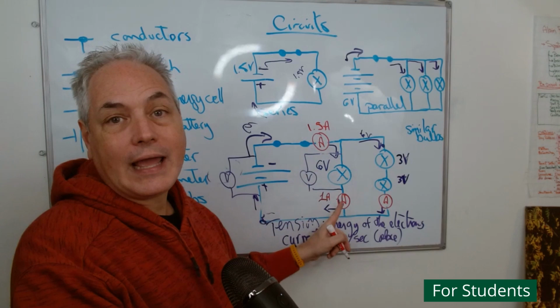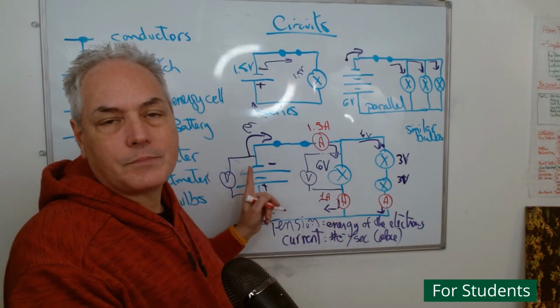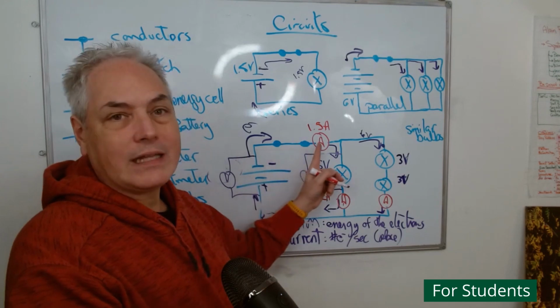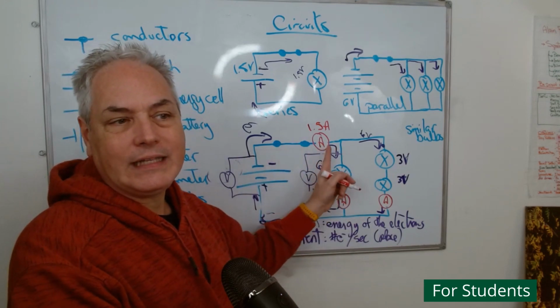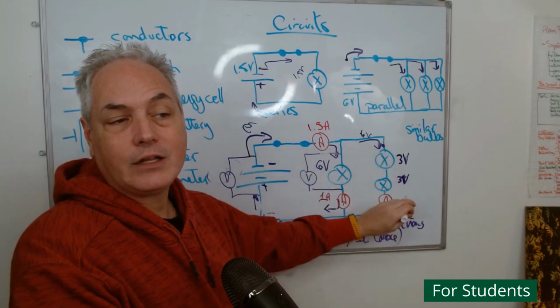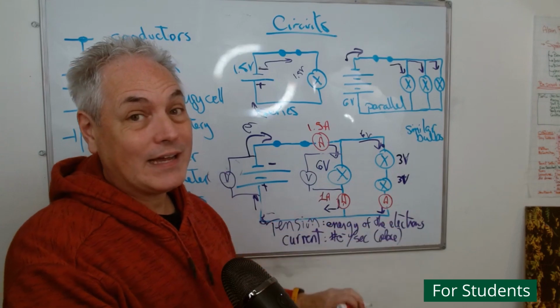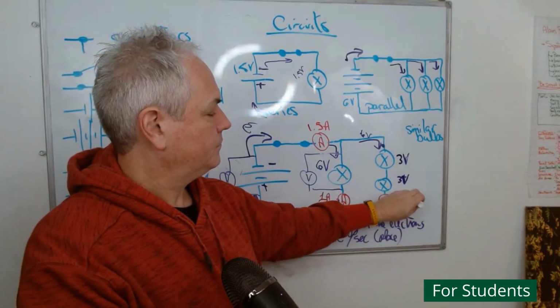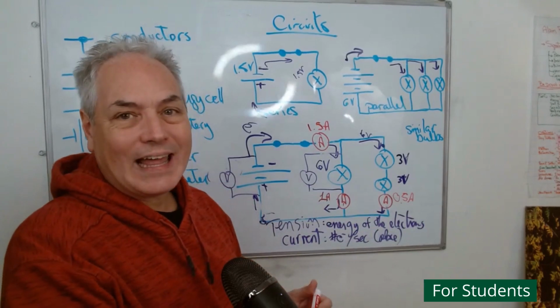We have 1 amp going here before it goes back to the source. So that means that if 1 amp is going down here, in the part here I would have 0.5 amp left. So these are numbers we can calculate.